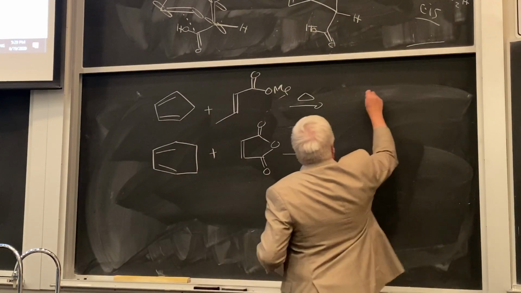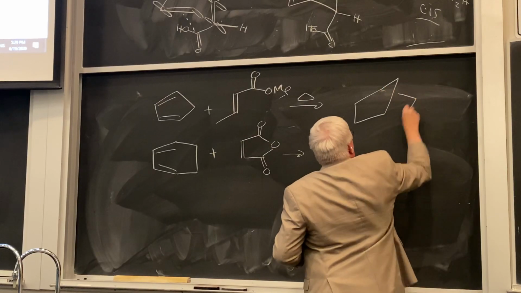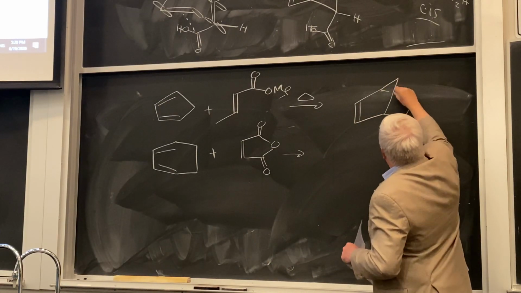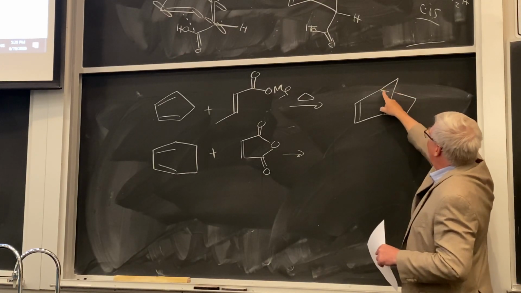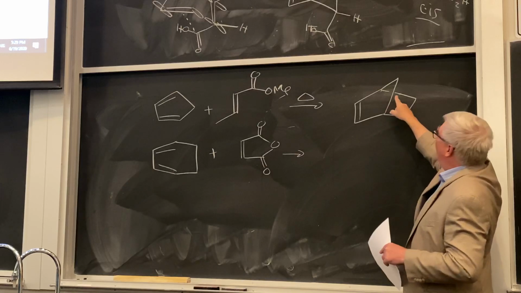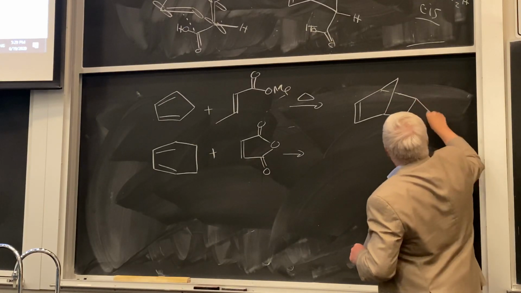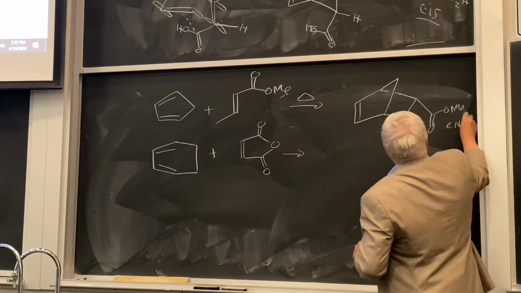So your product here would again be this norbornene product. There's your cyclohexene there. Sorry about, when you have a bond in front of another bond, you kind of have a blank space there. So that's, I draw the norbornene. And then let's see, we're going to put our ester down here. Okay, that's actually in the endo spot.